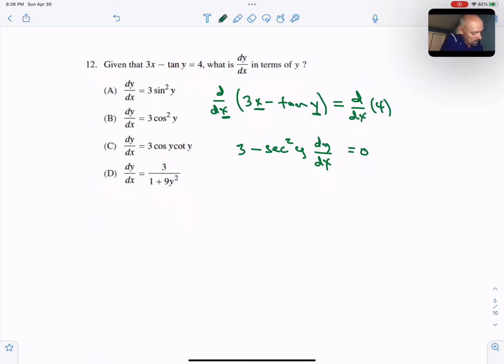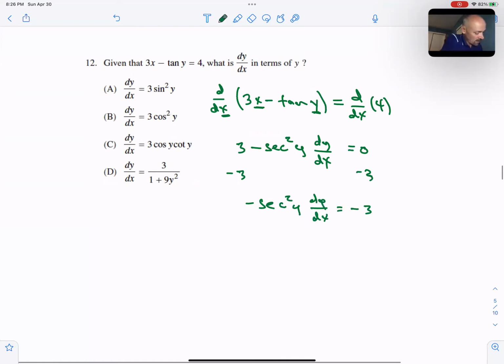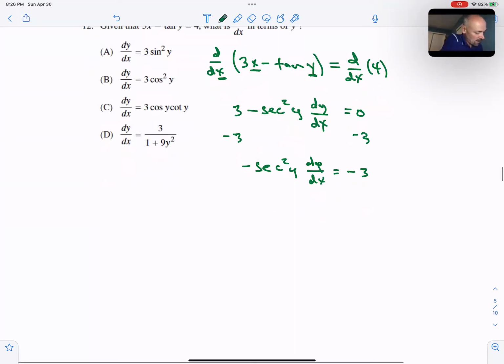Okay, so now I just want to solve for dy dx. I'm going to subtract 3, and then divide. So I got negative secant squared y dy dx is equal to negative 3. And now I want to divide by negative secant squared y.